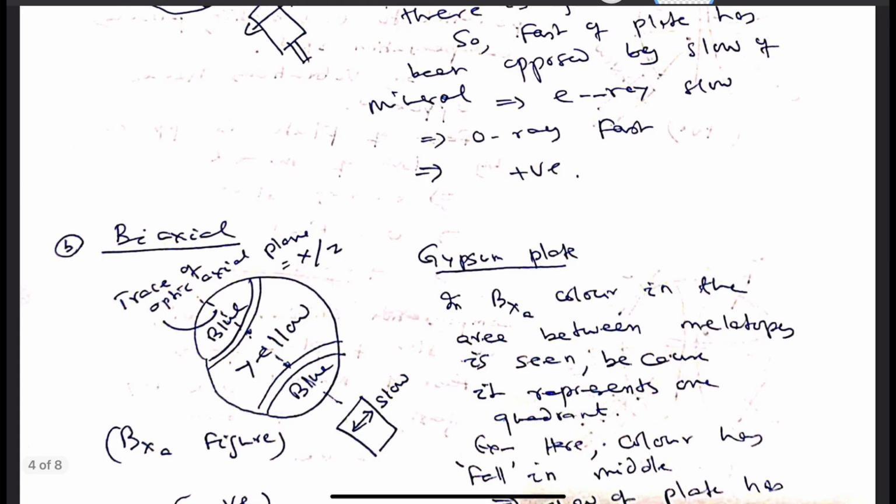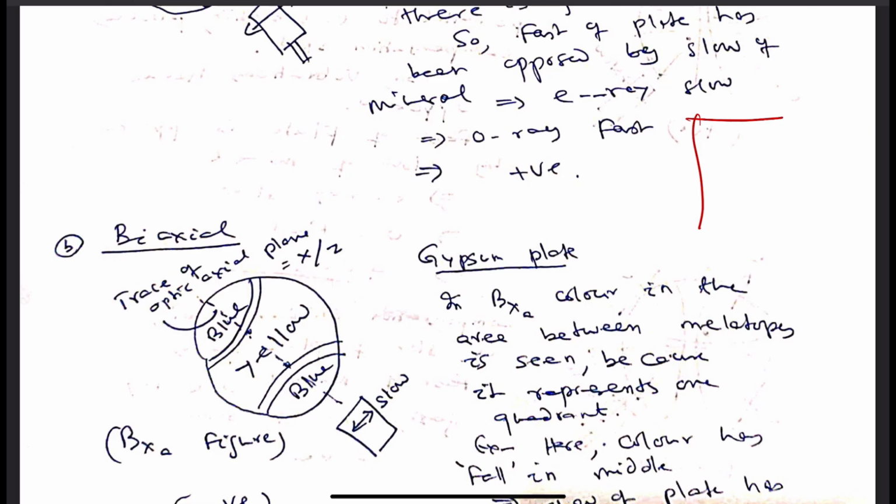Then let us see biaxial minerals. In case of biaxial minerals, we make use of the acute bisectrix figure. Acute bisectrix figure means the interference figure is produced by taking mineral sections perpendicular to the acute bisectrix.